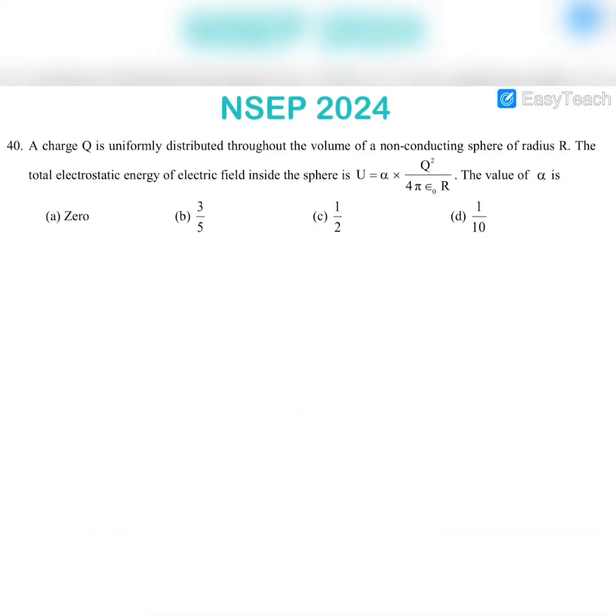In this question, you can see that a Q charge is being uniformly distributed throughout the volume of a non-conducting sphere of radius r. Now we have to find out the total electrostatic energy of the electric field which is stored inside the sphere.